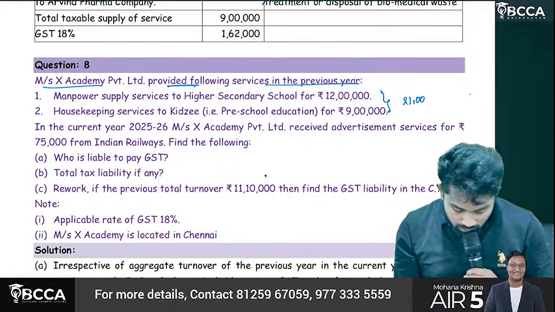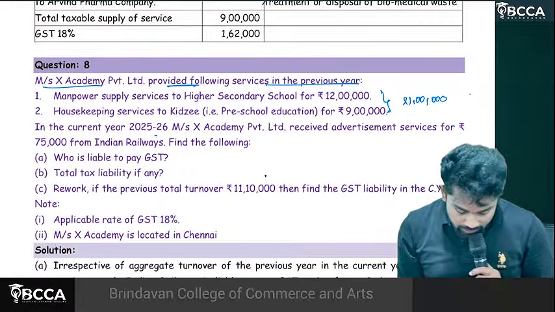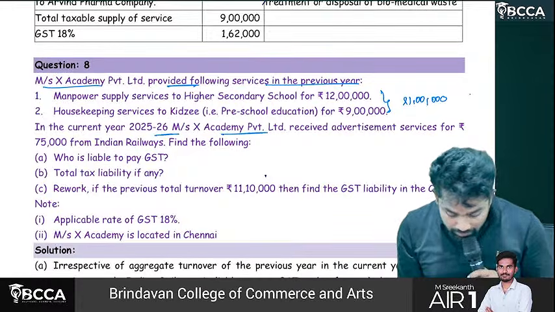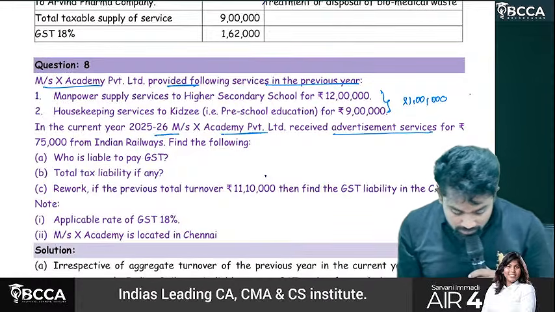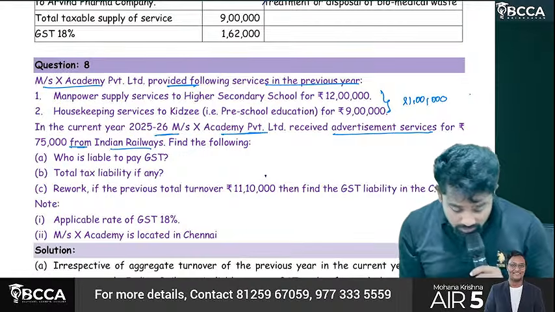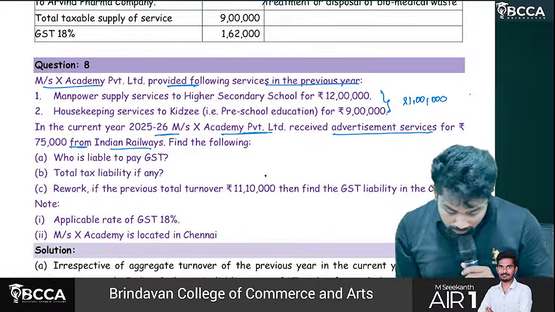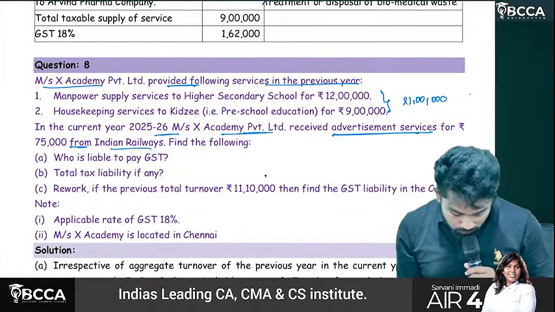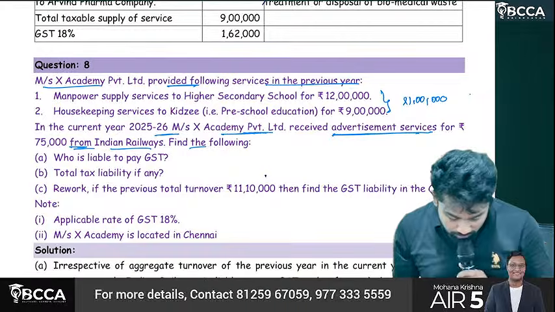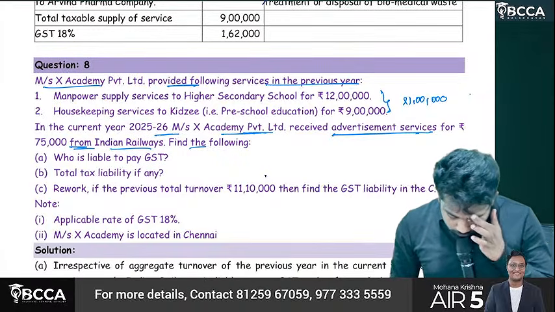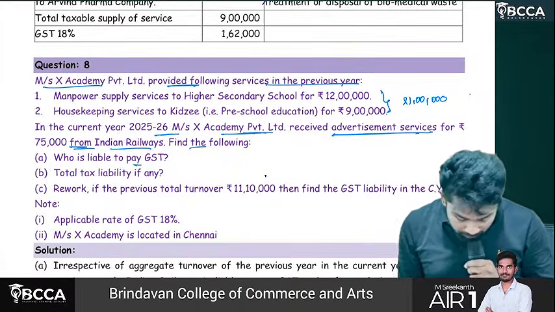Okay. Now what? In the current year 25-26, X Academy received advertisement services for rupees 75,000 from Indian Railways. Find the following: who is liable to pay GST?